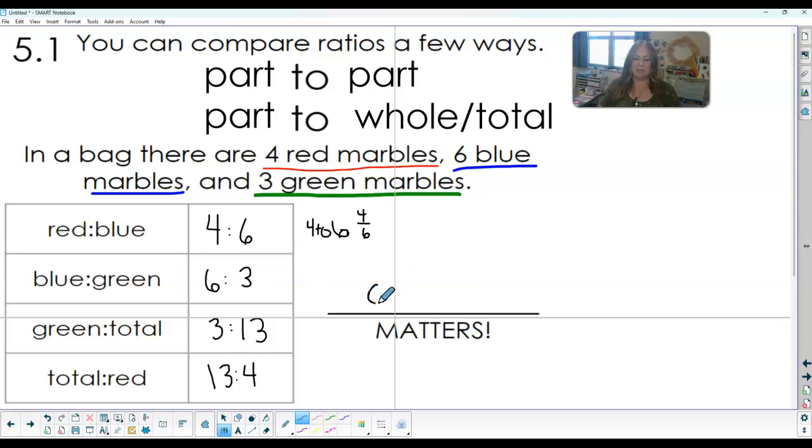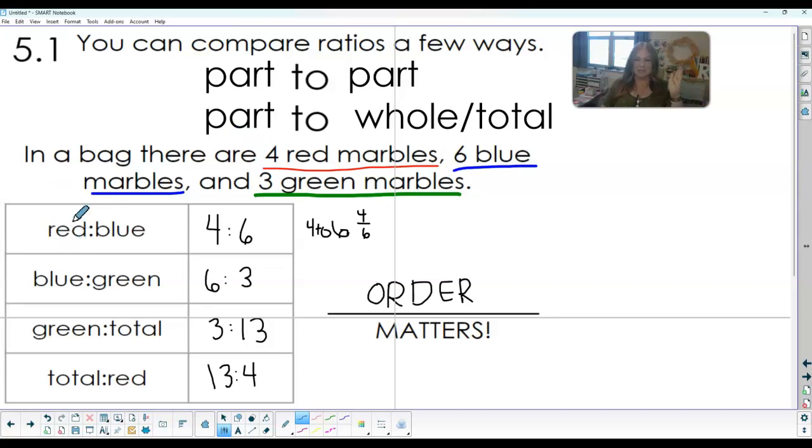What we need to put here is that the order matters. If it wants red to blue and you flip it and put 6 to 4, that would get marked wrong, because then I would think that there were 6 red when there's only 4 red. The order that it's listed in matters.